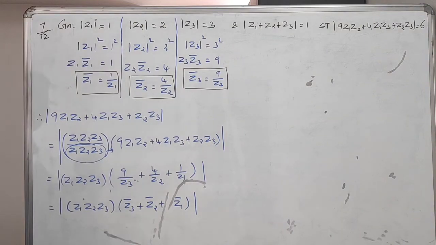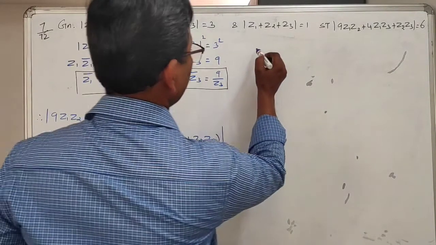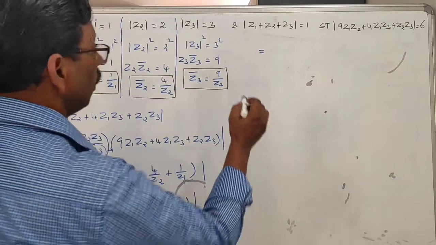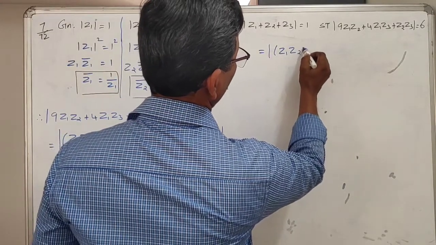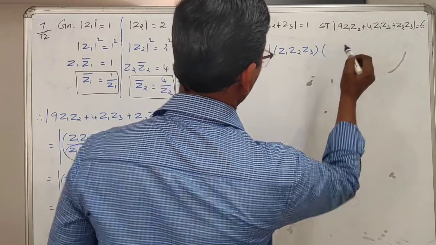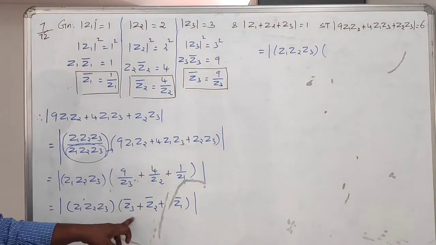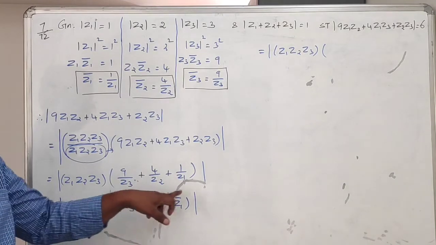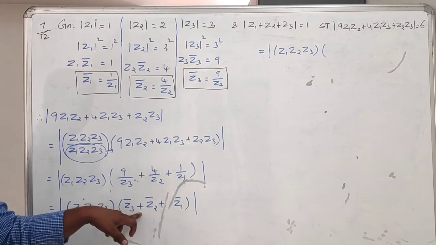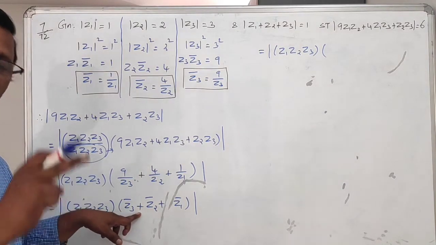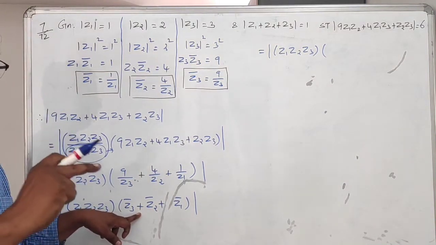But after that, see here, this can be written as modulus of Z1, Z2, Z3 into, see, this is the sum of three complex numbers. I have taken the conjugate. This can be written as Z1 bar plus Z2 bar plus Z3 bar, which is equal to Z1 plus Z2 plus Z3 whole bar.